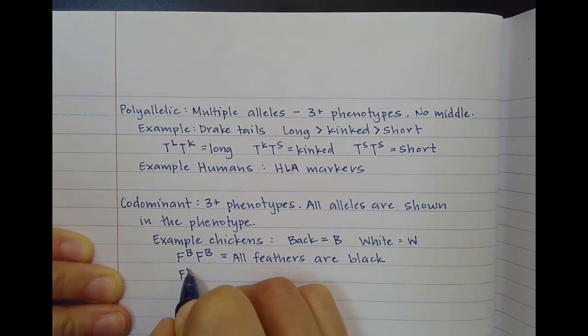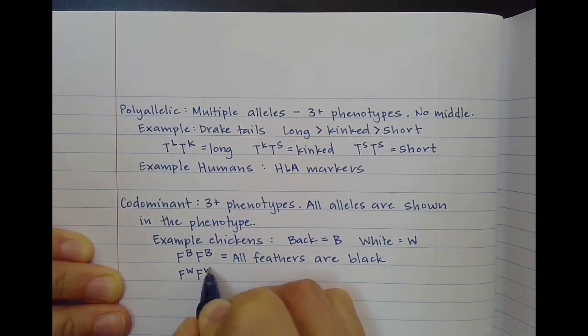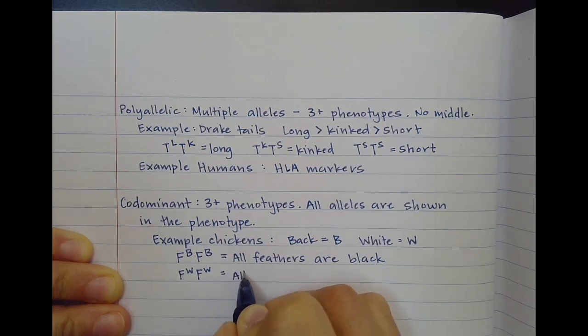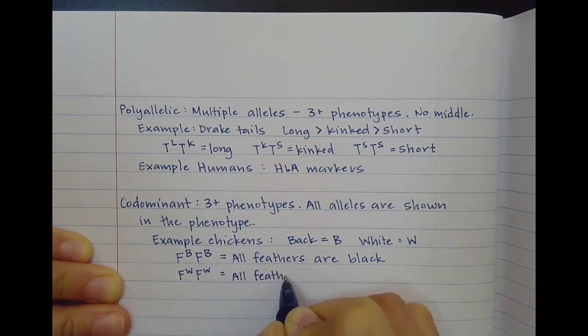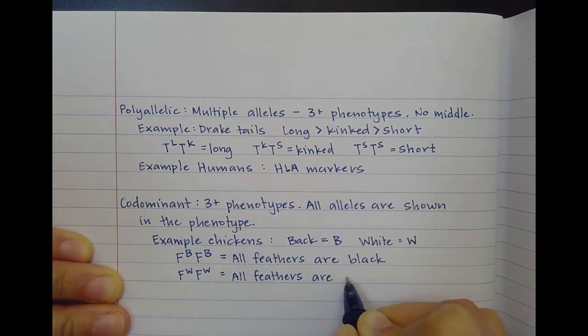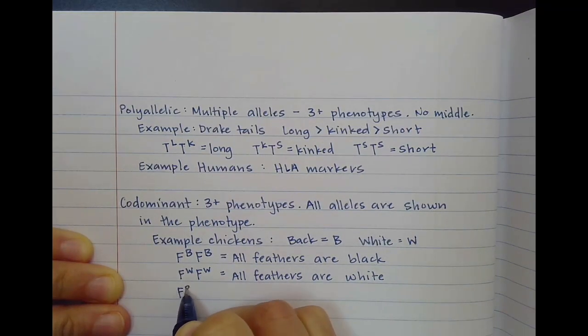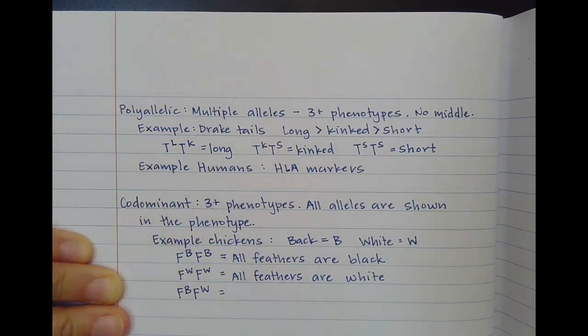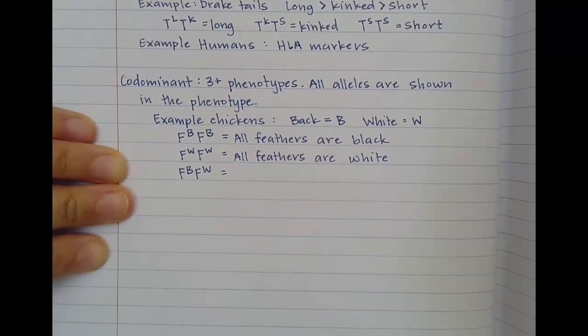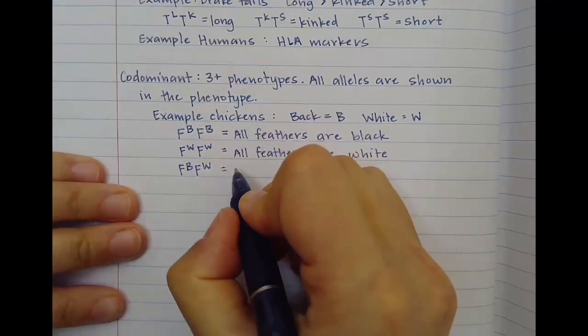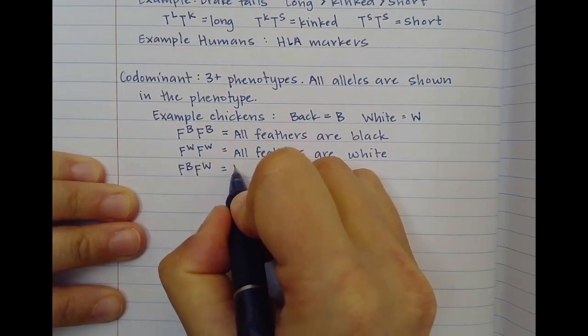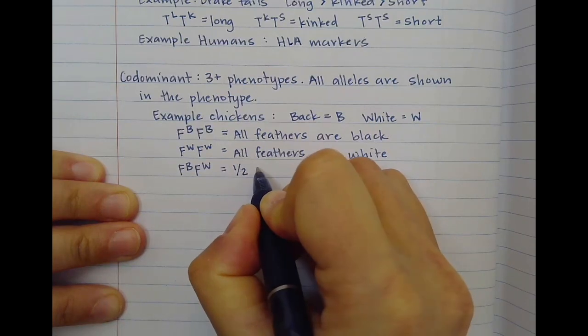And if they have 2 of the white allele, all feathers are white. But chickens can also have 1 of each. And if they have 1 black and 1 white allele, then half of their feathers are black and half are white.